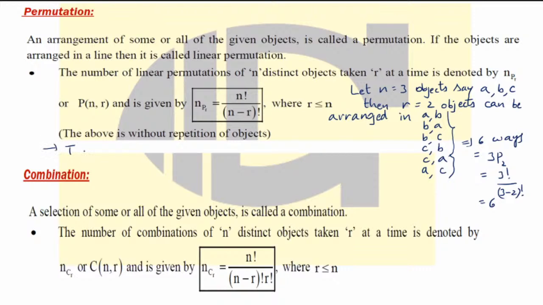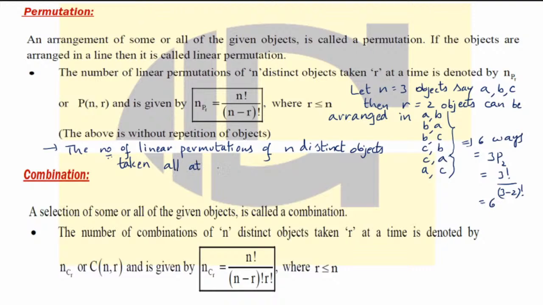The number of linear permutations, linear meaning we are arranging in a line, of n distinct objects taken all at a time, that is, your r value is equal to n, is nothing but nPn, which is n factorial ways.